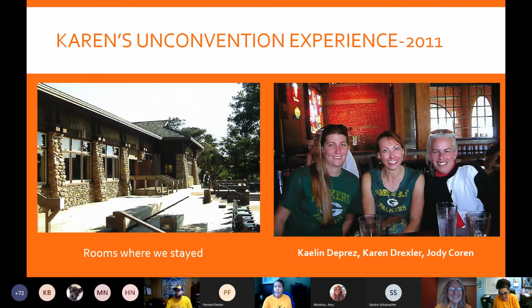Our plane left really early in the morning, and we got there on a Sunday, just in time for the Packers game, because anybody who's a Packers fan knows we have to watch our games. So I'm looking around, thinking, let's get to the hotel room, turn on the TV and at least watch the game. Well, they had no TVs and no phones because it was the Zen place, a retreat.